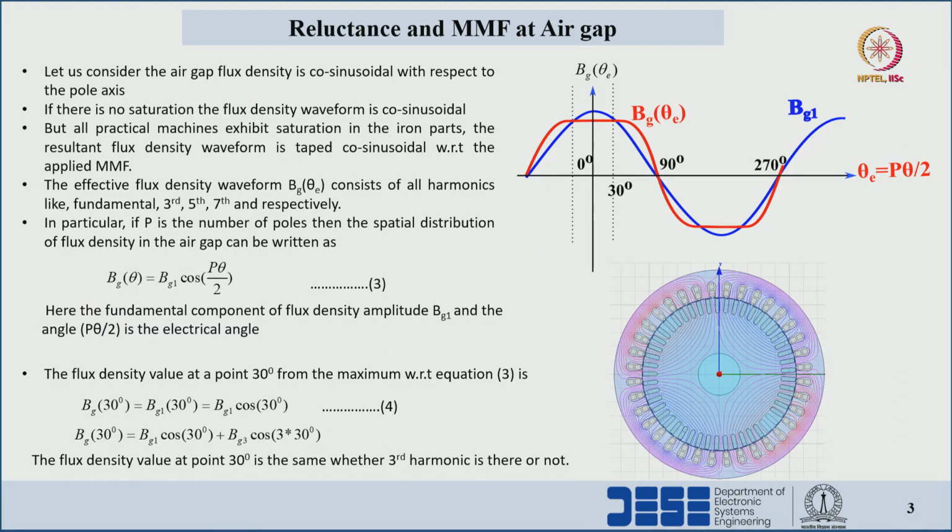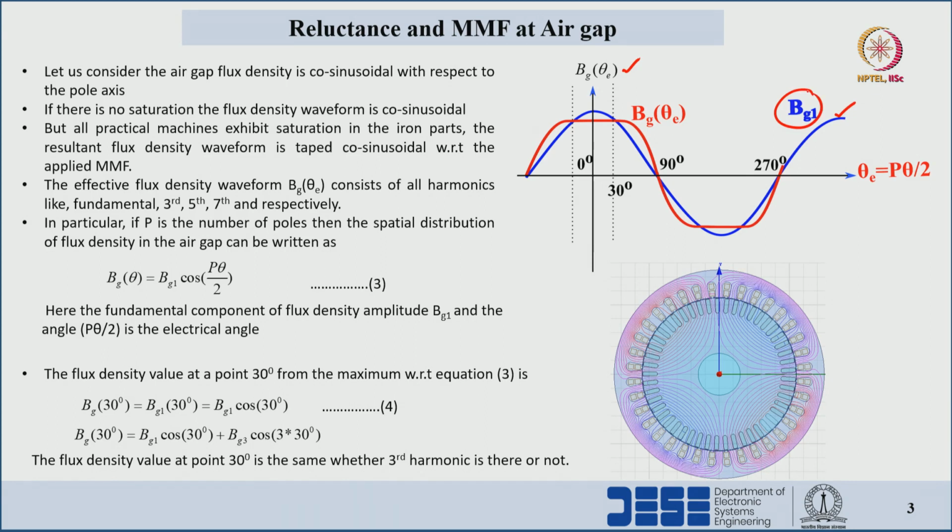Now we will discuss the reluctance equation and the MMF drop with respect to the air gap. In general, the flux density waveform will be sinusoidal in nature. With respect to the pole axis it will be cosinusoidal, and with respect to the interpole axis it may be sinusoidal. Let us consider the cosinusoidal waveform. For an ideal machine with no saturation in the iron parts, we can see the exact sinusoidal waveform of the flux density, the Bg1 waveform.